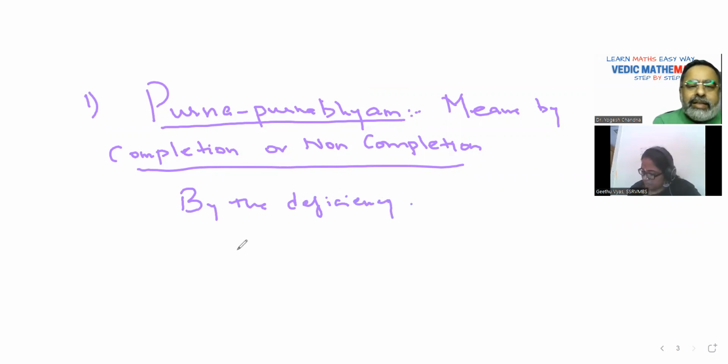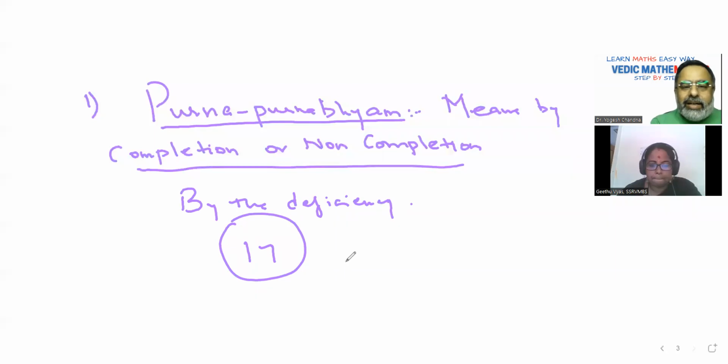How? See, for example, if a number is given, 17, now we can assume that either it is 10, if I compare this with 10, then it is 7 more.